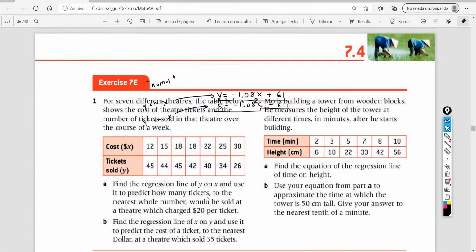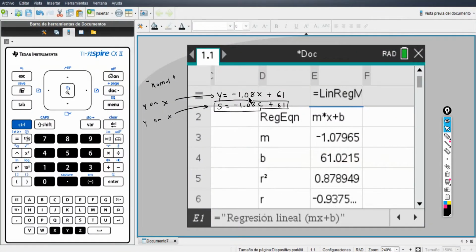Later in here: use it to predict how many tickets, to the nearest whole number, would be sold at a theater which charged $20 per ticket. So if this is my equation, all I need to do is put 20 here, right?